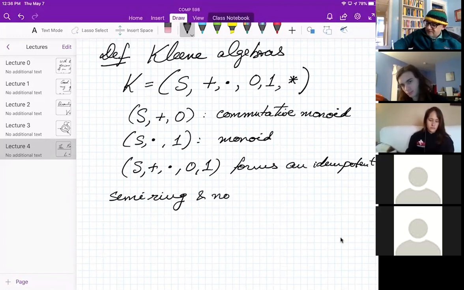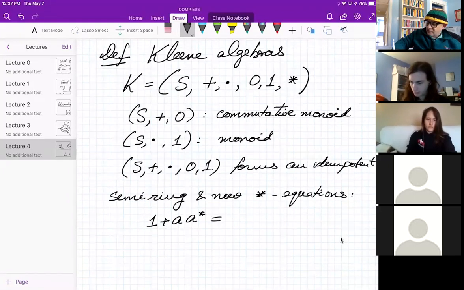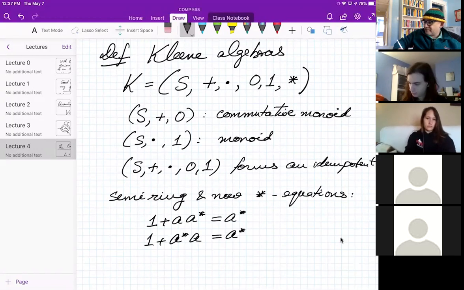And now some star equations. So the first one is going to say 1 plus a star equals a star. The second one is going to say 1 plus a star a equals a star. Okay? Mysterious looking equations, but perhaps you recognize them.